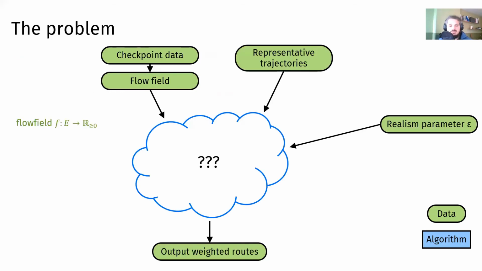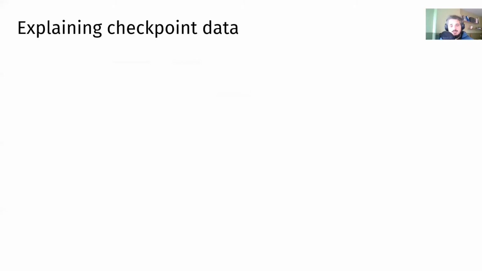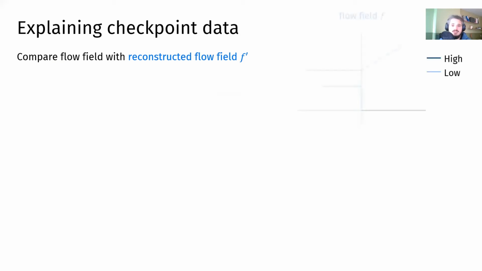So now that we've covered that, let's look at what we expect from our weighted routes. We want them to explain the checkpoint data. And how do we quantify this? Well, we're going to compare the flow field that defines this checkpoint data to a reconstructed flow field from our weighted routes. I have my flow field here with the amount of traffic defined by the colors.